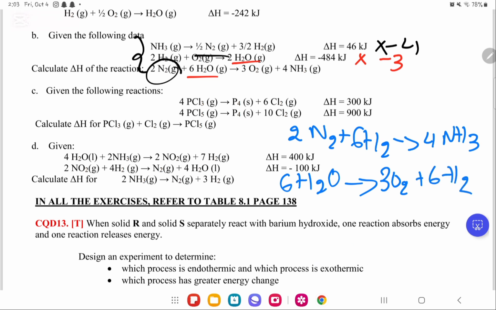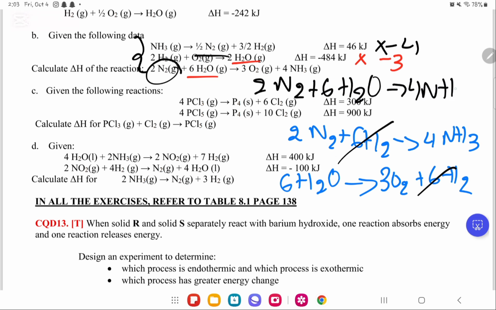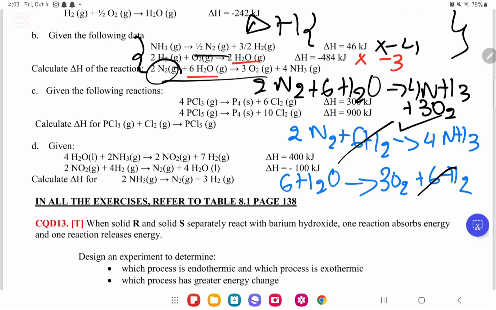So let's cancel the ones that can be cancelled, the 6H2 and the 6H2. So now we are left with what? 2N2 plus 6H2O gives us 4NH3 plus 3O2. Is it the equation we need? Yes. So to find the delta H, we're gonna add all the delta H with their changes.